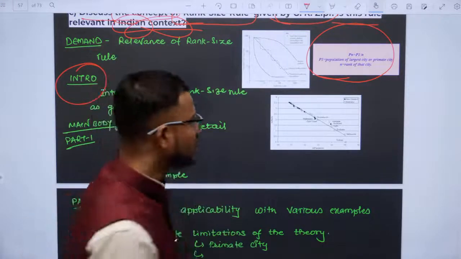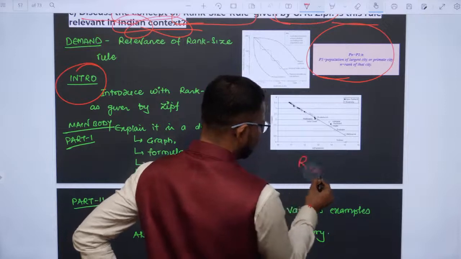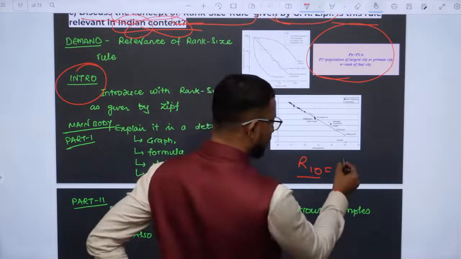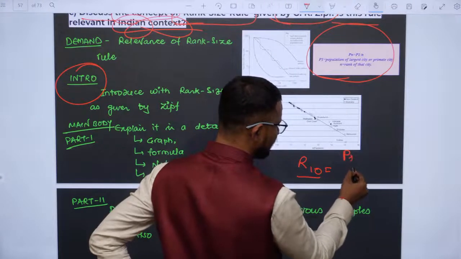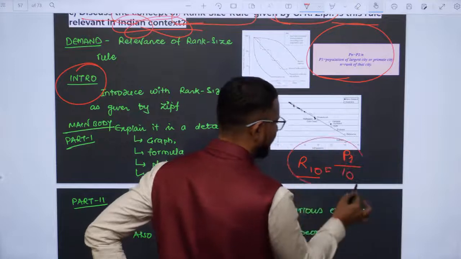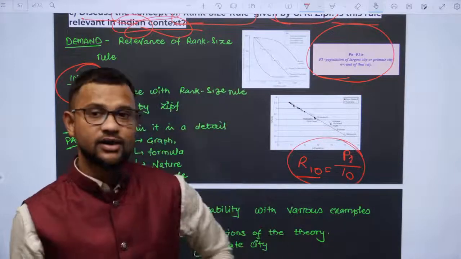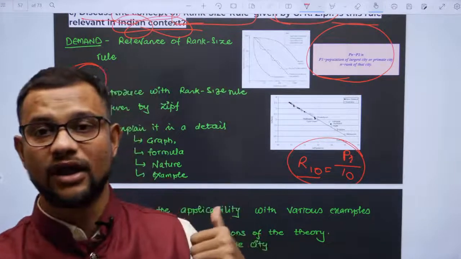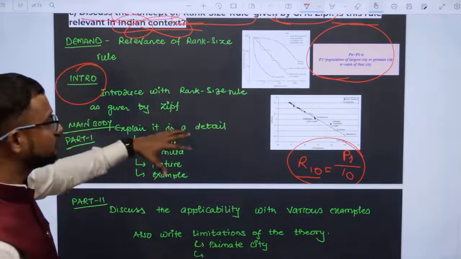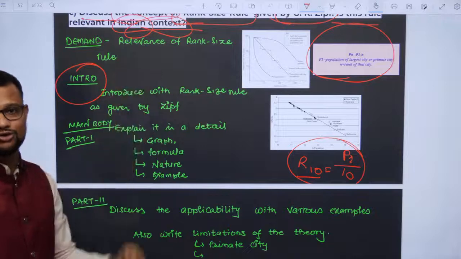Say, for example, अगर rank 10 city की population निकालनी है, तो आपको population 1 से जो भी city है उसकी population पता होनी है, and then it is divided by 10. You will find that it ultimately leads to the population of the rank 10 city. That is the Zipf concept, a quantitative revolution model.